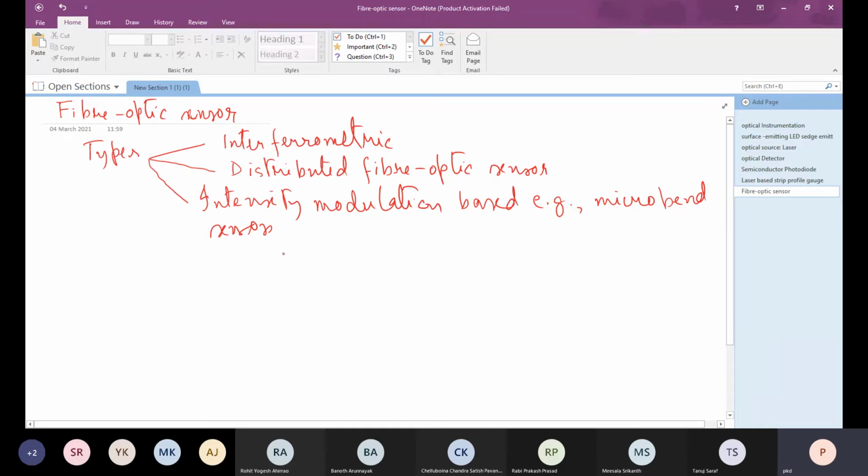Therefore, the change in intensity can be related to various physical parameters: stress, strain, or temperature. That is the basic principle of an intensity modulation based sensor.